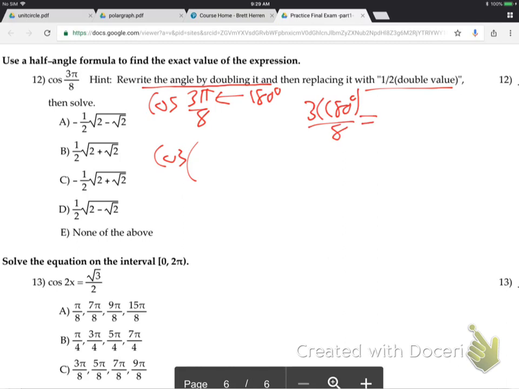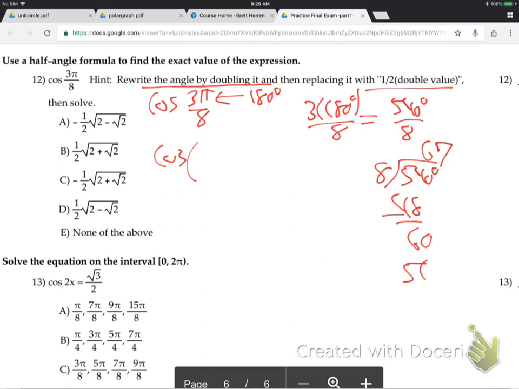I don't know what that is. Whatever that is, 3 times 180. Oh, no calculator on this part. Just kidding. So 540 over 8. Is that right? 300 and 240, 540. So just multiply that out, 540 over 8, and then long divide. 8 goes into 540 how many times? 6 times 8 is 48, 60 is left, 7 times 8 is 56.